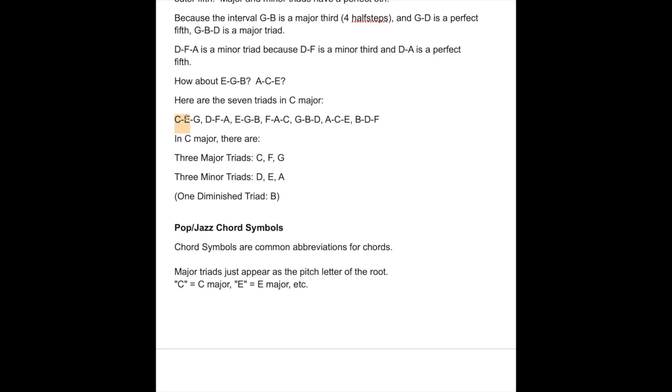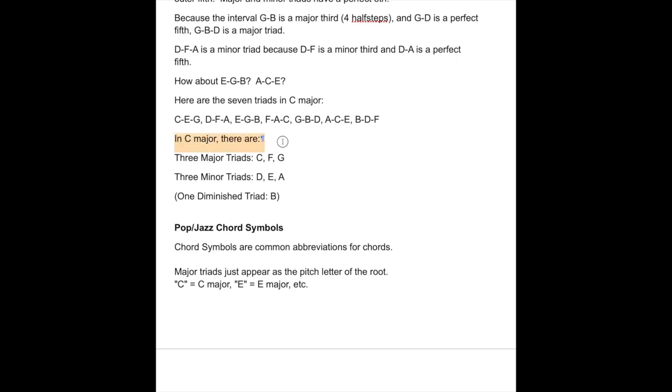So that's a major third. And from C to G, 1, 2, 3, 4, 5, 6, 7, which is a perfect fifth. And so this is a major triad. And the D, F, A is a minor triad because D to F is only 3 half steps. But I'm not asking you to go through and measure all those. If you're interested in this, please do. It's quite fun, and you'll figure out what's in a major key pretty fast.